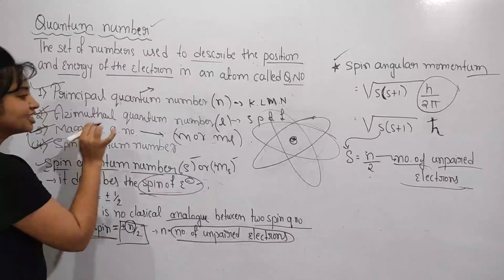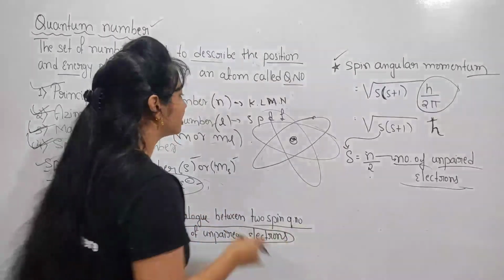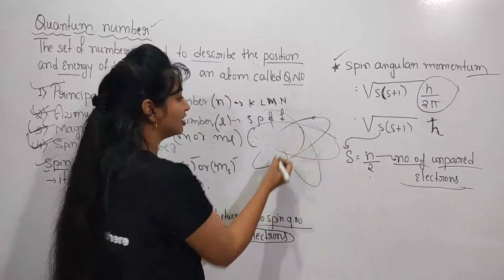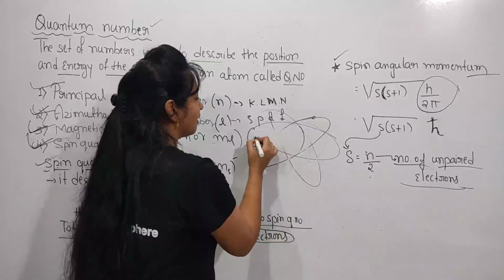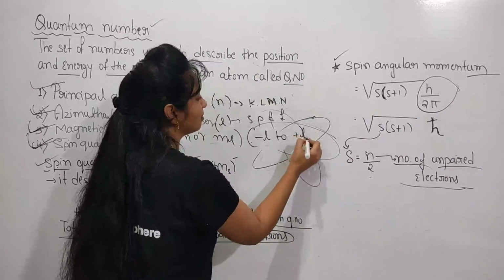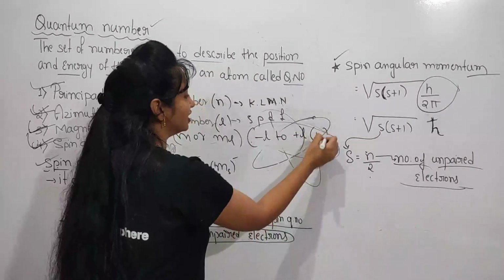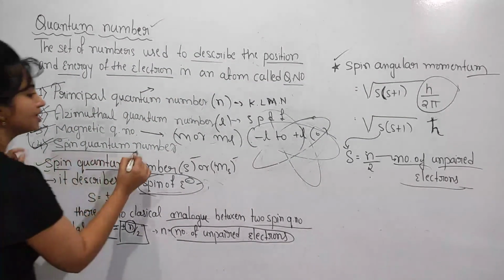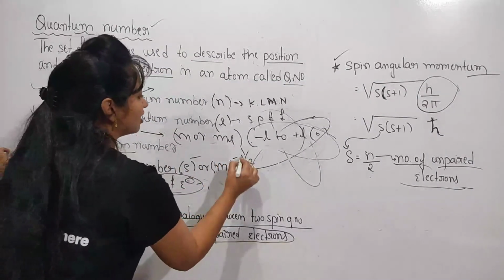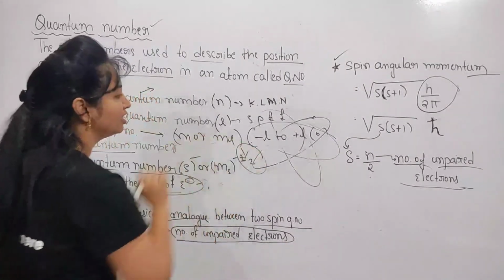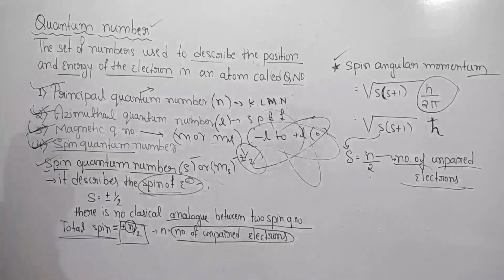The magnetic quantum number mainly tells about the orientation of the orbitals, from minus l to plus l including 0. And the spin quantum number tells about the spin of electrons, plus or minus 1 by 2. So this is all about our quantum numbers.